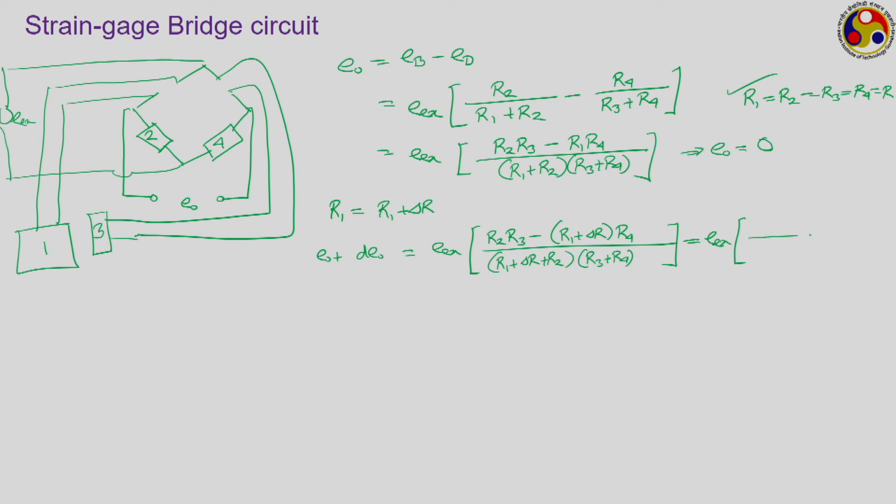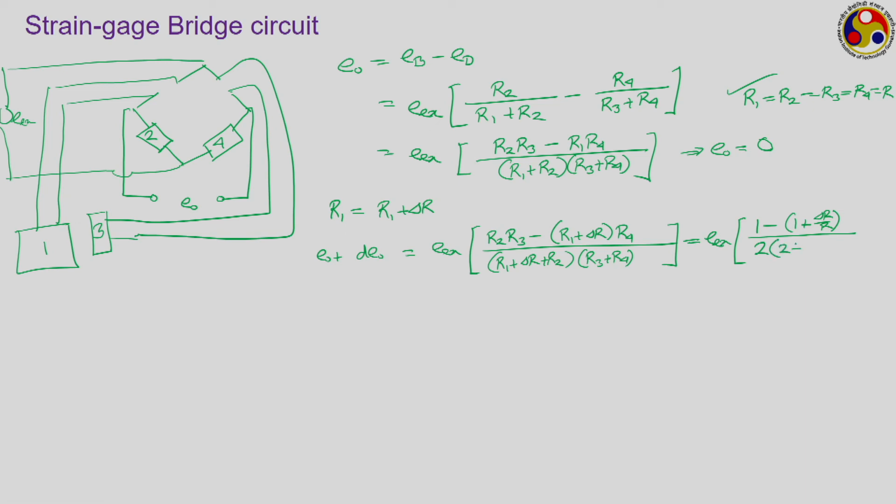Then we have 1 plus delta R by R. Similarly, here we have R3 plus R4 giving us a value of 2, and another R goes here.